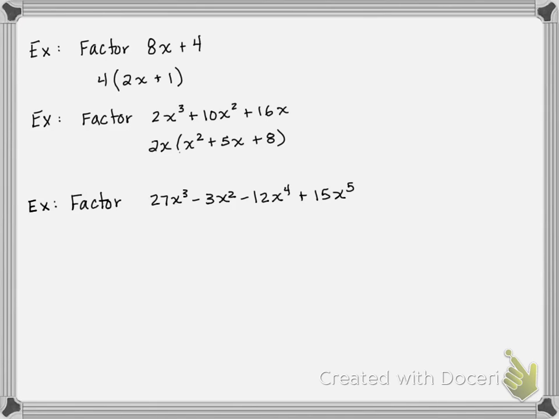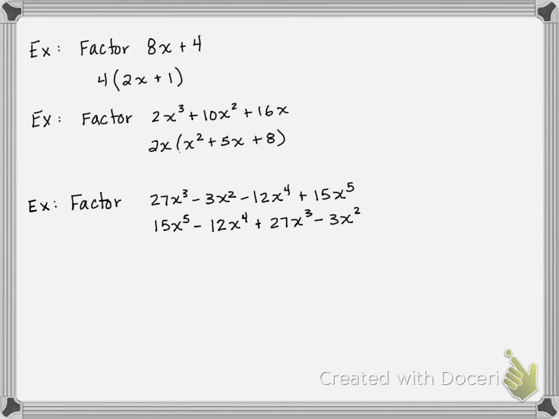So the largest degree is that 15x to the fifth. So we'd write 15x to the fifth minus 12x to the fourth plus 27x to the third minus 3x squared.